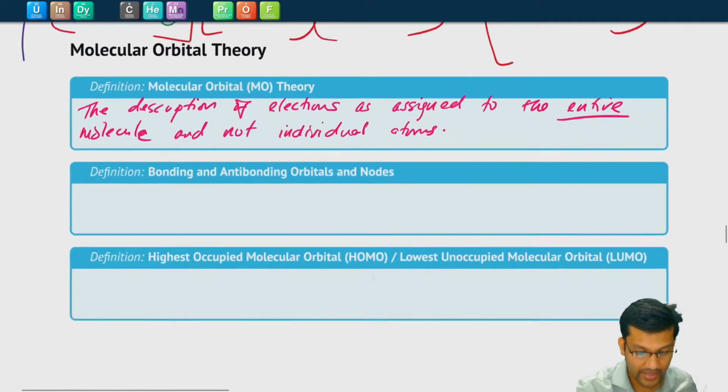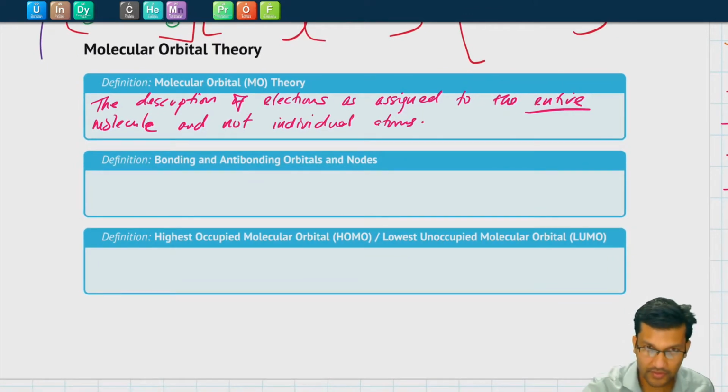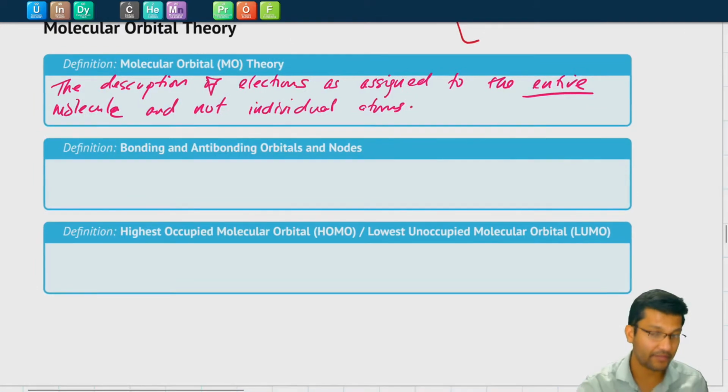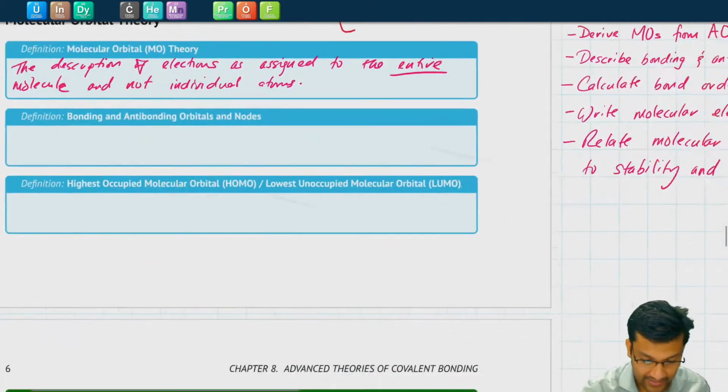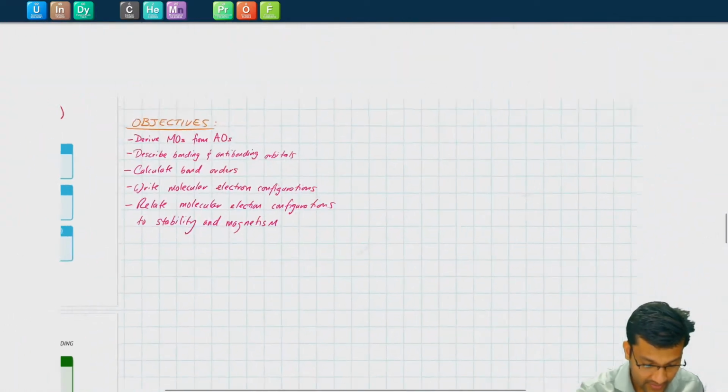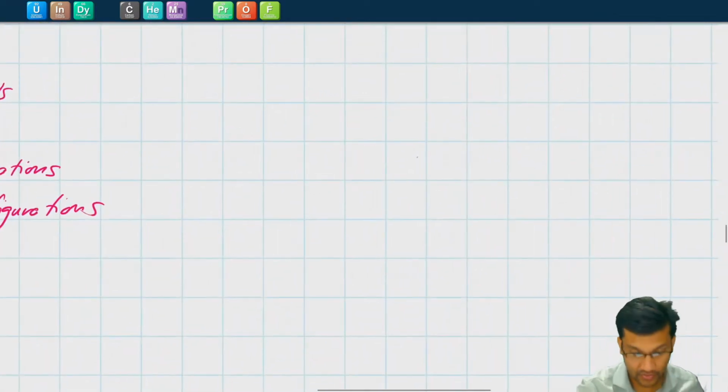So no longer would we have s orbitals and p orbitals and any of the atomic orbitals, neither would we have hybrid atomic orbitals. We now have molecular orbitals. And let's see how these would come together as two atoms come together.